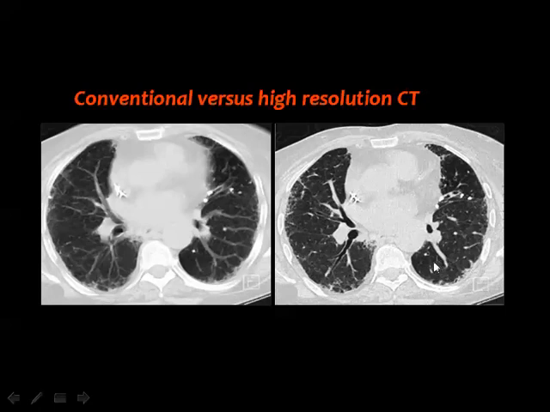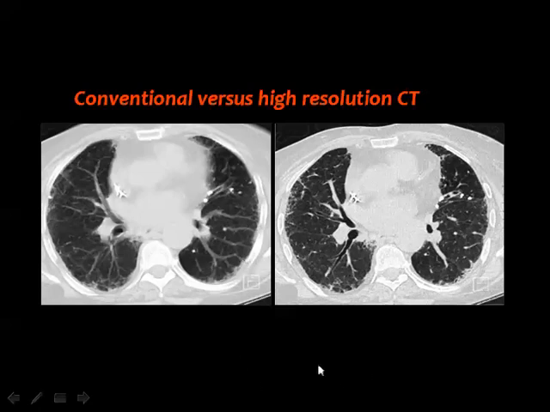Then you can see more details compared to the conventional one. You can see the dilated bronchi, and you cannot see them here. You can see some of the peripheral opacities underneath the pleura, and you cannot appreciate this very well.